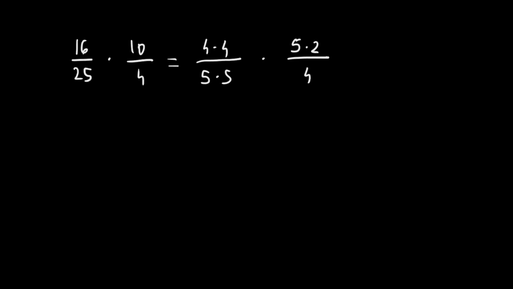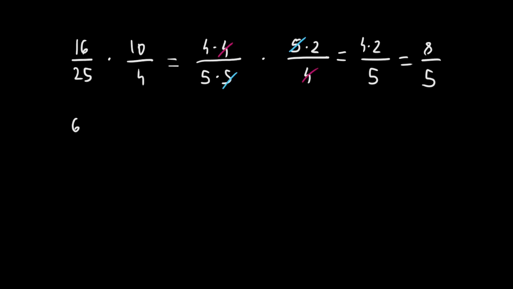So here we can simplify numerators with denominators. We can simplify a 4 with another 4 and a 5 with another 5. So here we are left with 4 times 2 over 5. And 4 times 2 is 8. So 8 over 5 is the solution.